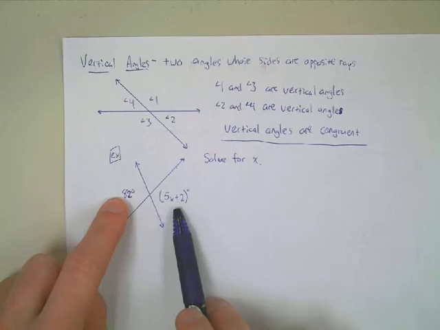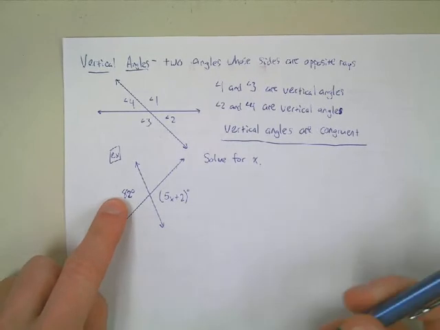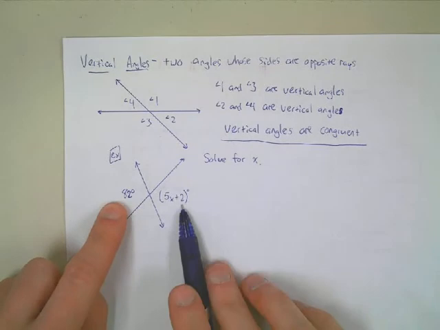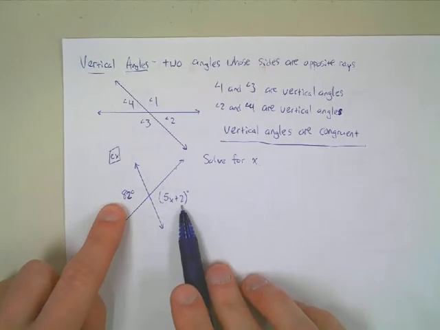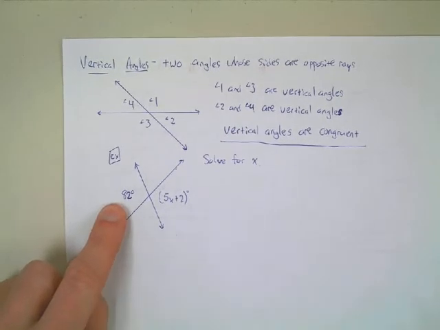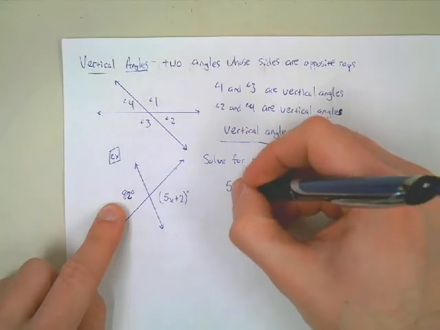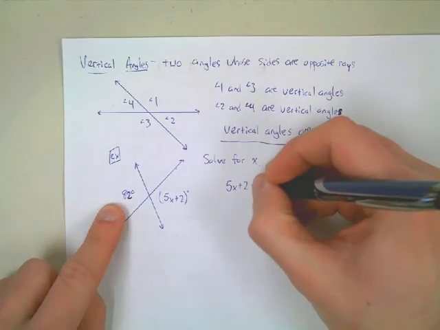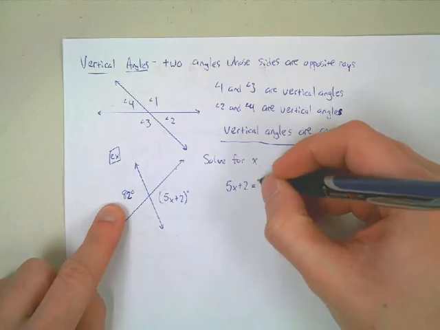If they're vertical, that means they are what? Equal. So to set up this equation, I can write 5x plus 2 equals what? 82. And there's our equation, right? So Thomas, to solve this then, what should be my next step?